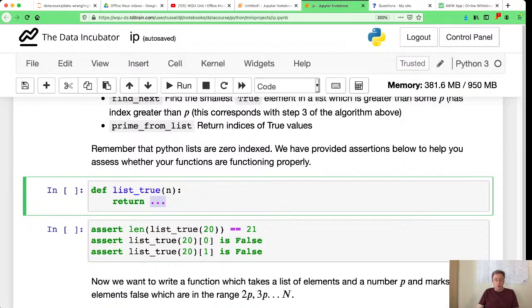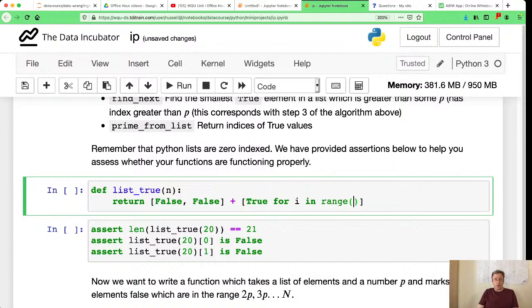So I'm going to return a list of false and false, or, well, all right, there's several ways I could do this. False and false, and I'm going to append a list of true for i in range.